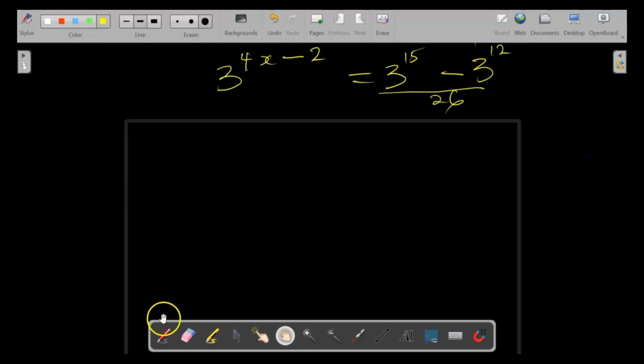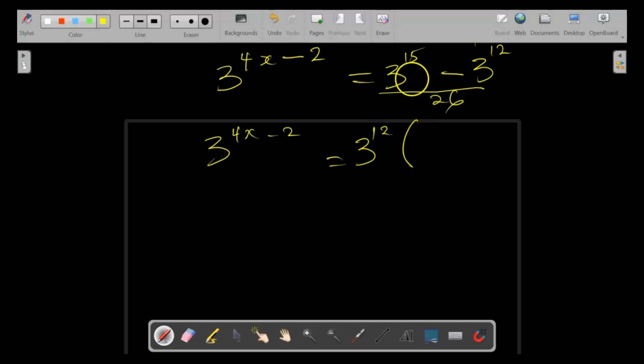Now, 3 raised to the power of 4x minus 2 gives, what is the highest common factor of 3 raised to the power 15 and 3 raised to the power 12? The answer is 3 raised to the power of 12.